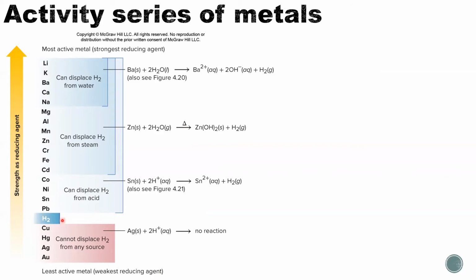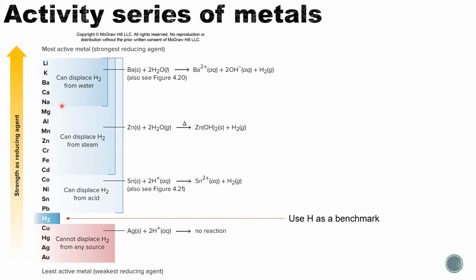You can see here the hydrogen is marked with a different color background, and usually from this chart, hydrogen is used as a benchmark. All the metals that are more active than hydrogen can displace hydrogen from acid, steam, or water. All the elements below hydrogen, which are less active than hydrogen, cannot displace hydrogen from any source.